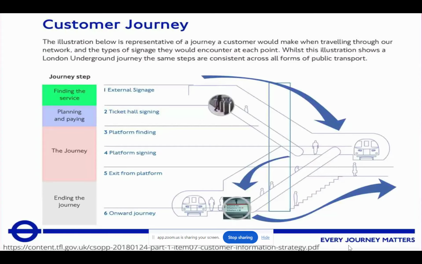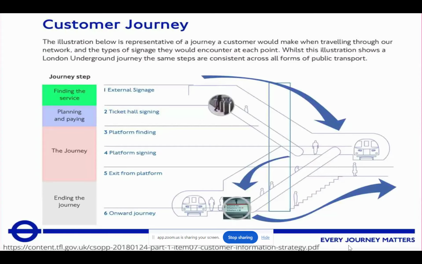They want to know if this service is effective, and they want to understand if it meets the need of the customer. So they've highlighted, okay, we have external signage that brings you in to the ticket hall. There's signage to tell you if you want to go to this place, go to this particular hall, you get to the platform. If you want to take a train to wherever, go this way. In the ticket hall, you're seeing signs telling you what time the train is going, what platform, all that kind of thing.